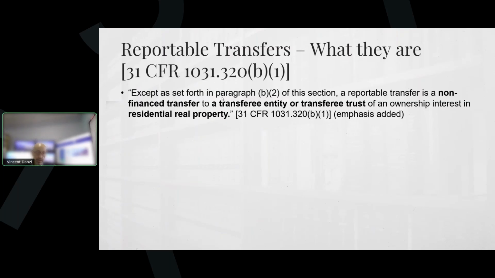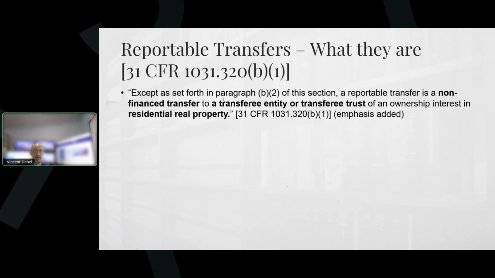We know that the Corporate Transparency Act no longer applies to domestic entities, but I would say the vast majority of beneficial ownership information that's going to be reported under the residential real estate rule is going to be from domestic entities. The residential real estate rule looks at that definition as a convenient way of defining what a beneficial owner is. But the exemptions from the two regulations should not be confused, and they are actually often being confused right now.